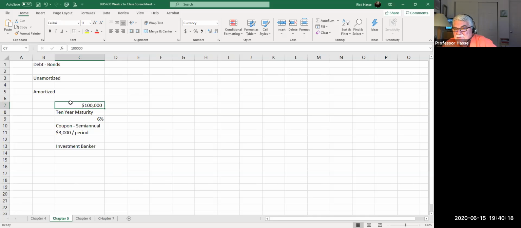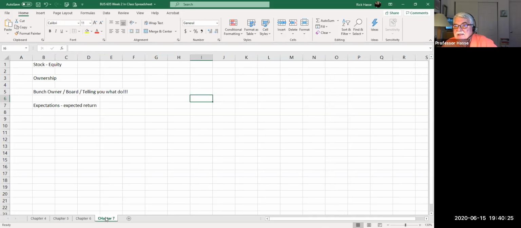We're locked in, but we know exactly what we have to do with debt financing. But in equity financing, it's meeting the expectations. You can say you're going to make 10% profit this year, but if you don't, what's probably going to happen to your stock? It's going to go down.